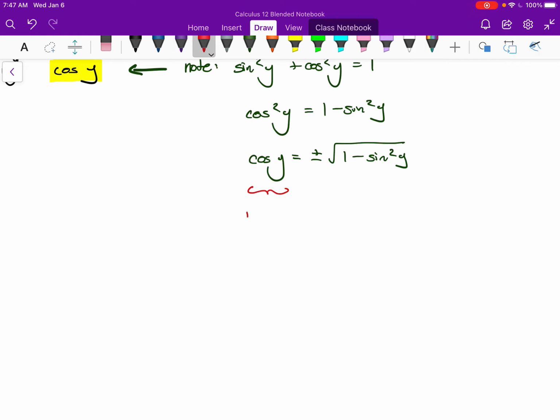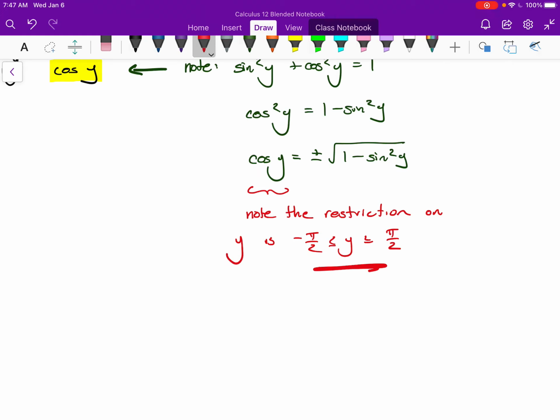And we need to note the restriction that I mentioned earlier. Note the restriction on y is only from negative pi over 2 to positive pi over 2. Keep in mind, if you think about an angle in standard position, this is from quadrant 4 to quadrant 1, negative 90 degrees up to positive 90 degrees.